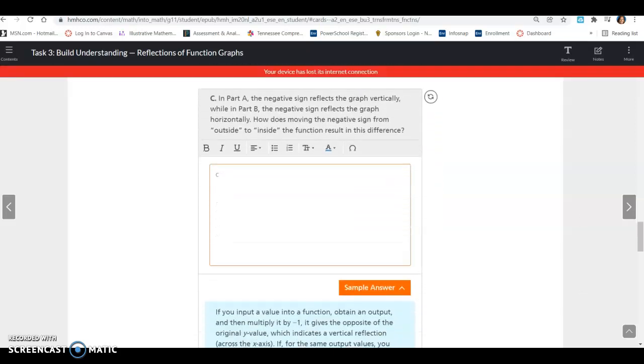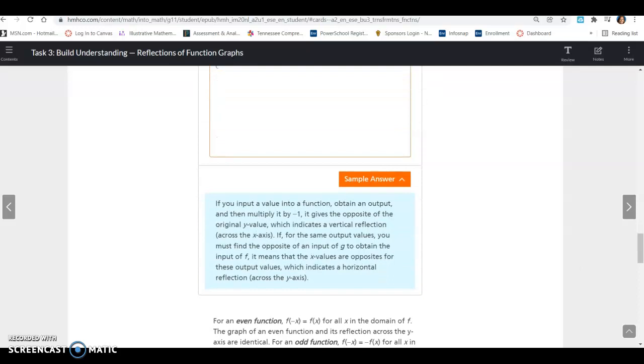And it says in part A, the negative sign reflects the graph vertically, while in part B, the negative sign reflects the graph horizontally. How does moving the negative sign from outside to inside the function result in this difference? So very much like the other stuff, if you input a value into a function, obtain an output, and then multiply it by negative 1, it gives the opposite of the original y value, which indicates a vertical reflection across the x-axis.